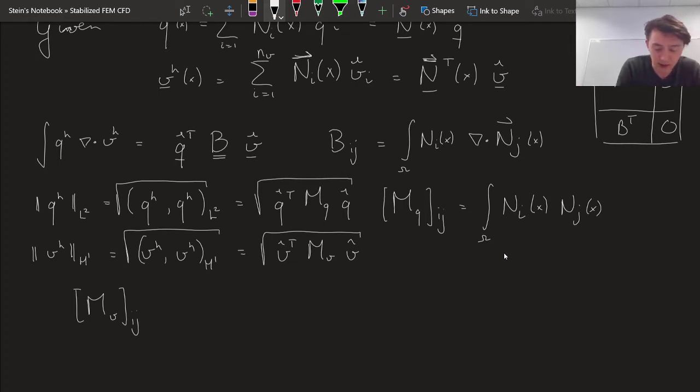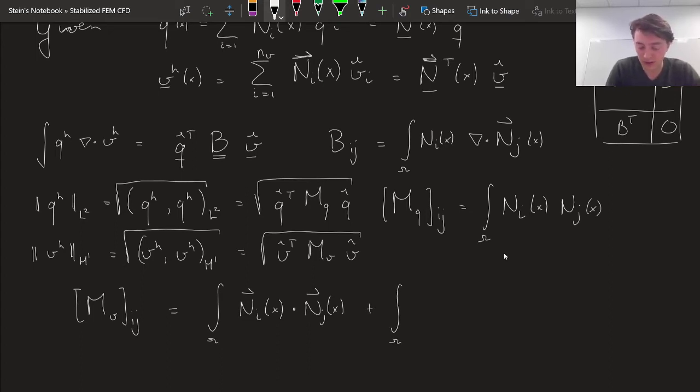So actually this mass matrix M_ij is going to be defined as the integral of the two vector basis functions from V, a vector basis function i dotted with a vector basis function j. But additionally, we have also the gradient of these two vector basis functions, which have to be double contracted.